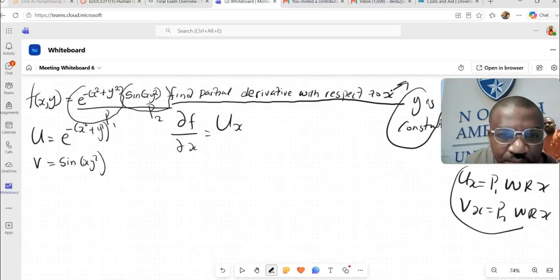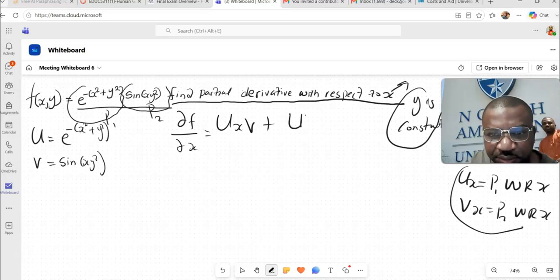So the formula is Ux multiplied by V, plus U multiplied by Vx.